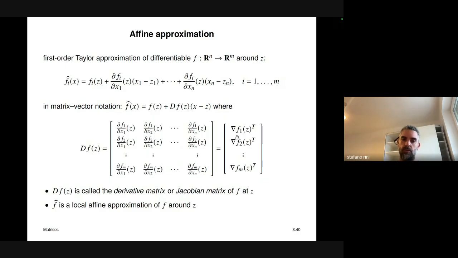If you understood the nabla operator for the function that takes a vector and outputs a scalar, then you apply this nabla operator element-wise to all the elements of your output vector, so that you obtain a matrix where one index iterates over the independent variables and the other over the components of the big F.